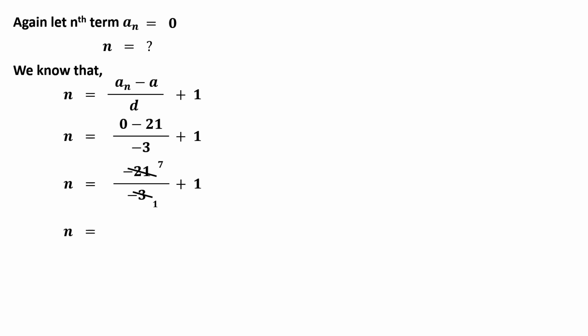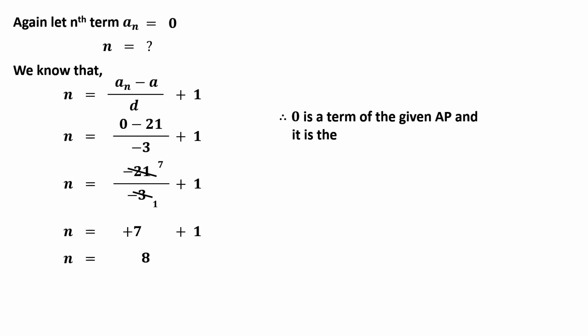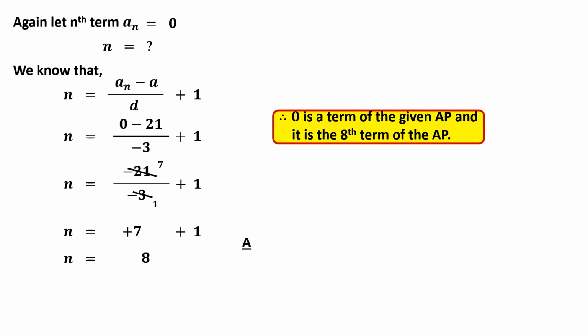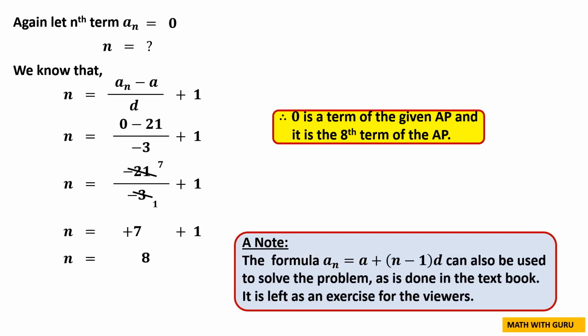N equals minus divided by minus gives plus 7, plus 1. N equals 8. 0 is a term of the given AP and it is the 8th term of the AP. Now, a note: the formula An equals A plus n minus 1 into D can also be used to solve the problem as is done in the textbook. It is left as an exercise for the viewers.